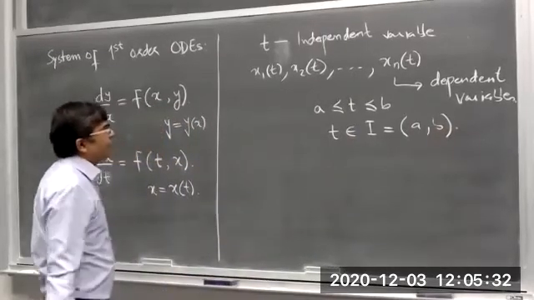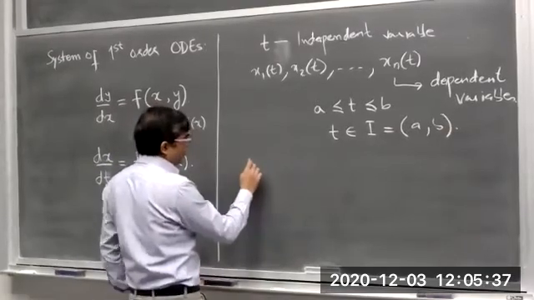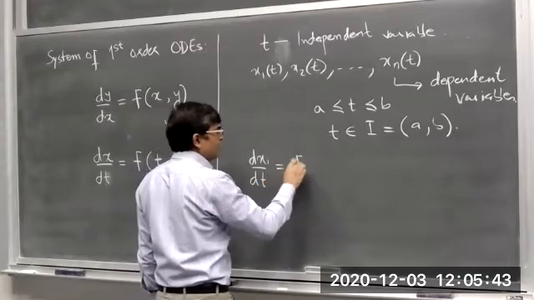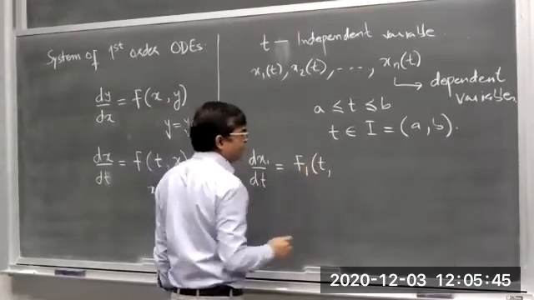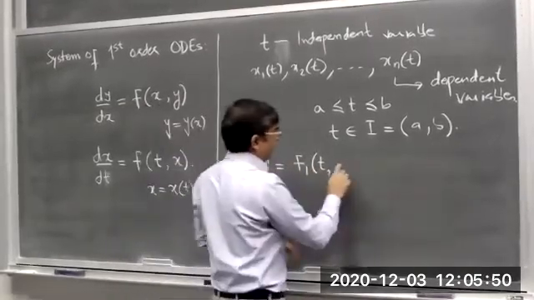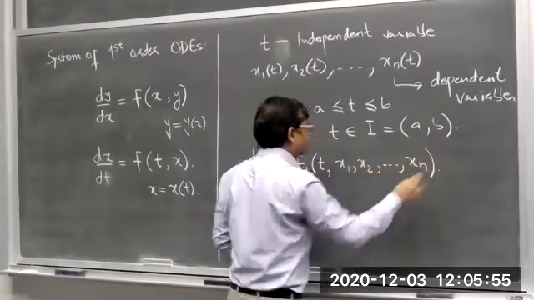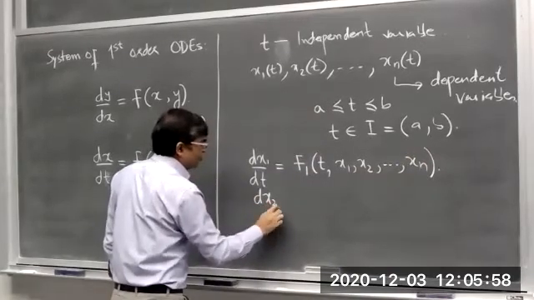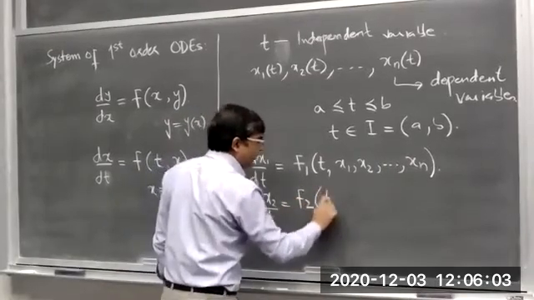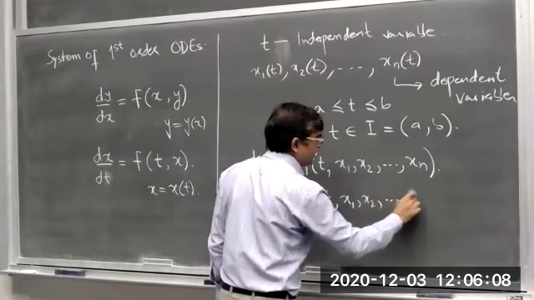Then we can define a system of first order ODEs in this form: dx1 by dt is equal to some function f1 of t, the independent variable, and all the dependent variables x1, x2, and so on, xn. Second, dx2 by dt is equal to some other function f2 of t and all the dependent variables.